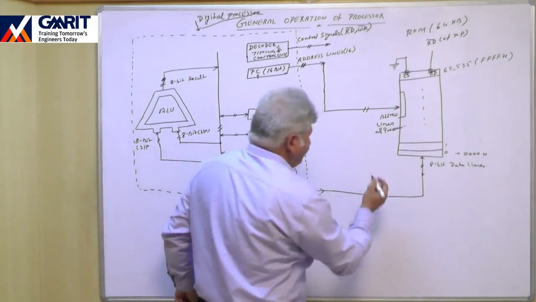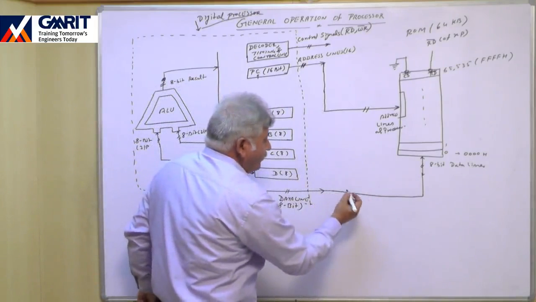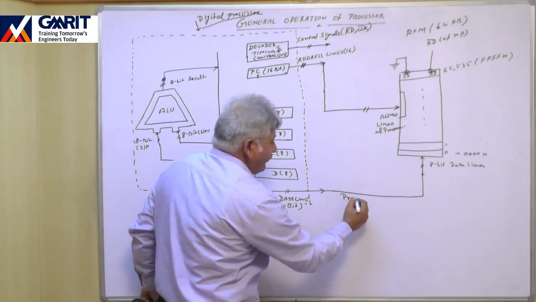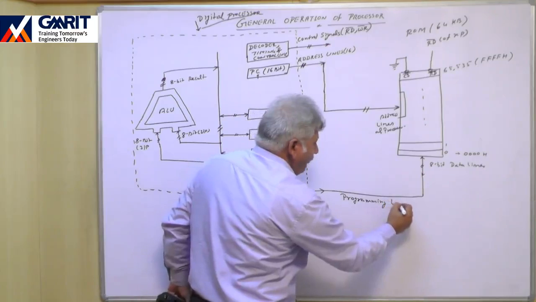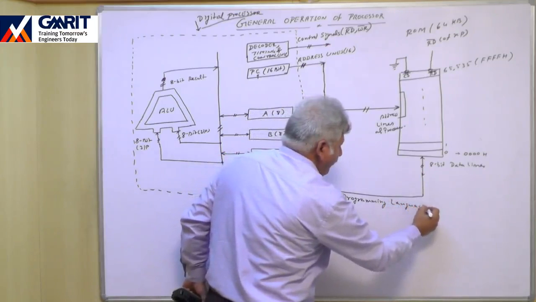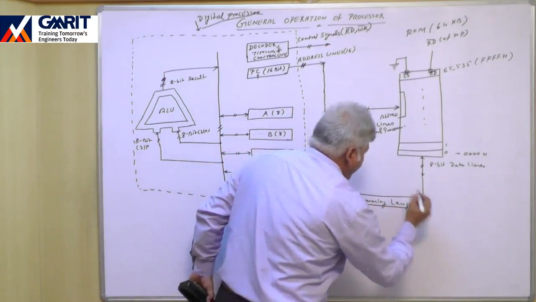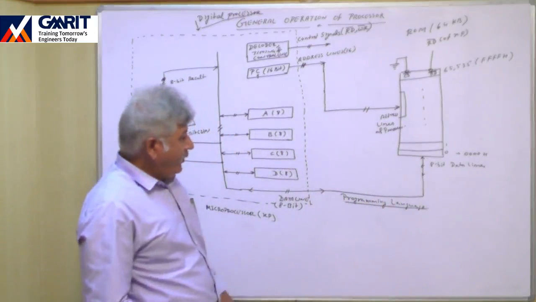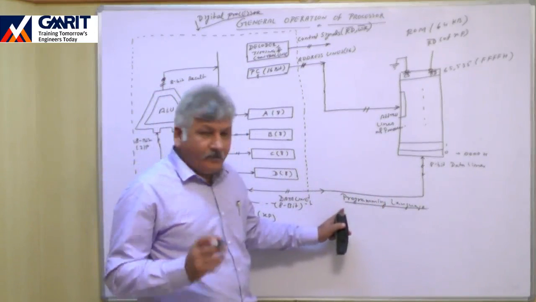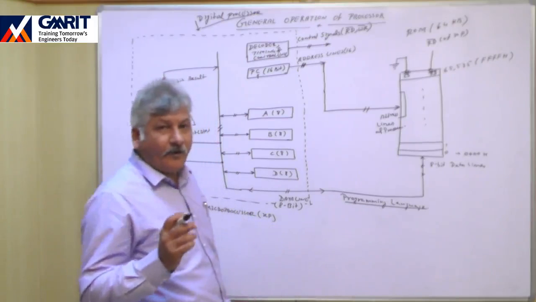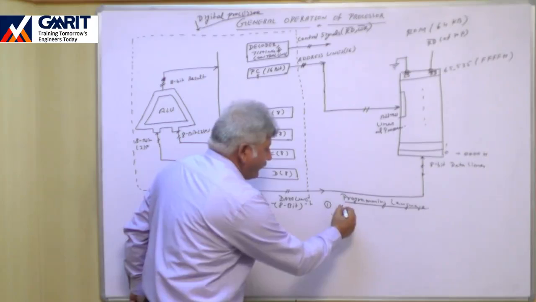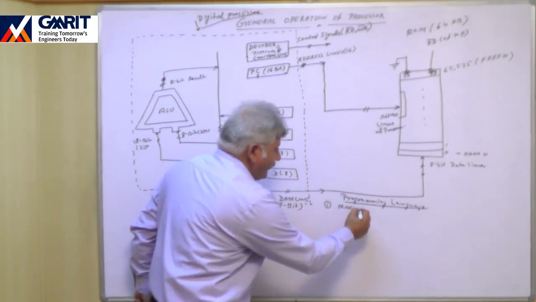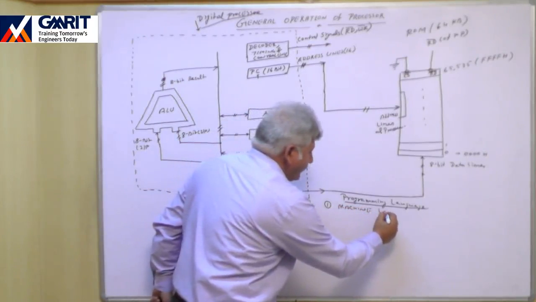So now, when we talk about programming languages, there are basically three types of programming languages. One is machine language.